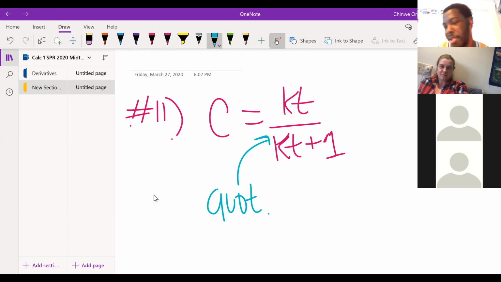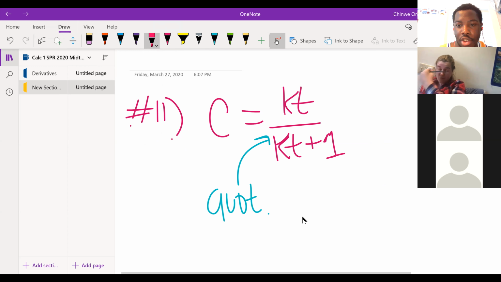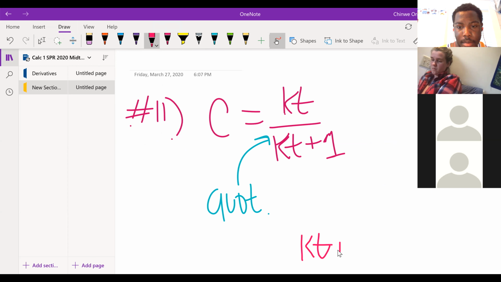That's really the only rule you're going to use. Because you have the quotient rule, you know that the derivative of the bottom is going to be what? kt plus 1 squared. Nice. So it's going to be kt plus 1 squared.